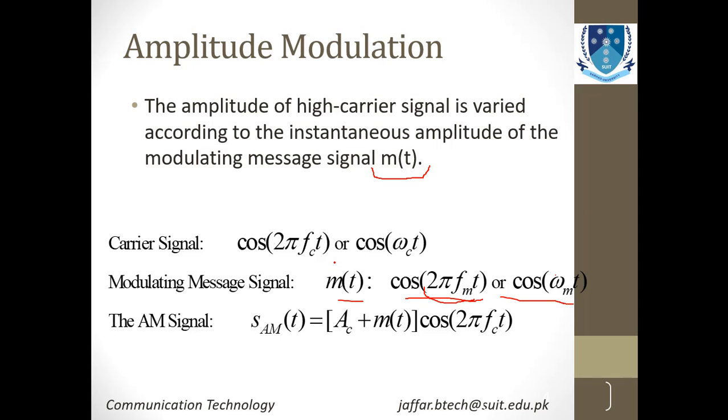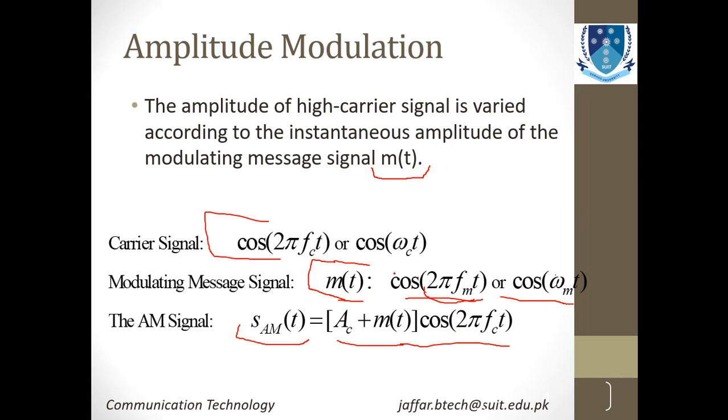So this m of t is your message signal or baseband signal, and this is your high frequency carrier signal, cos 2 pi fct or cos omega ct. Now if you superimpose both of these signals, you get the amplitude modulated signal s of t, which is equal to Ac plus m of t, into cos 2 pi fct.